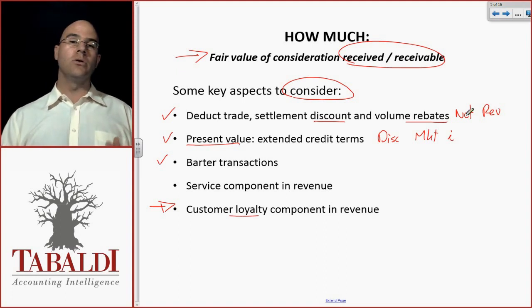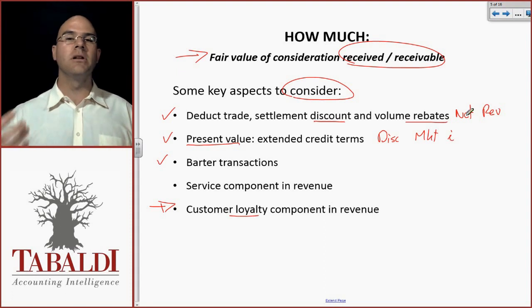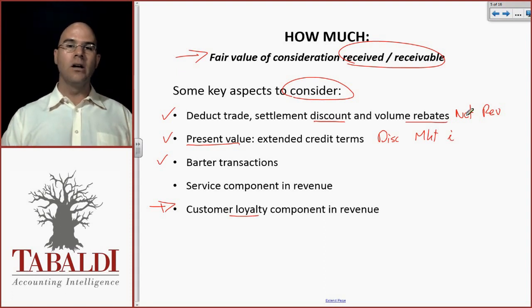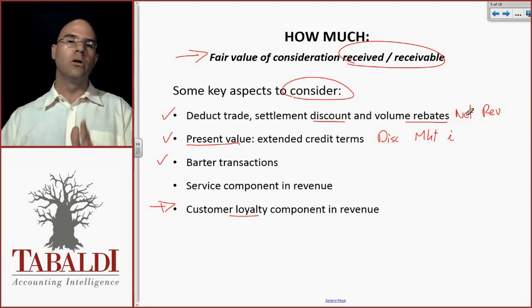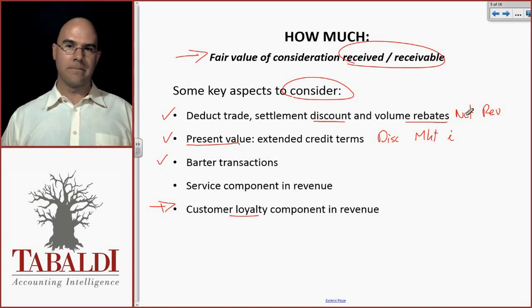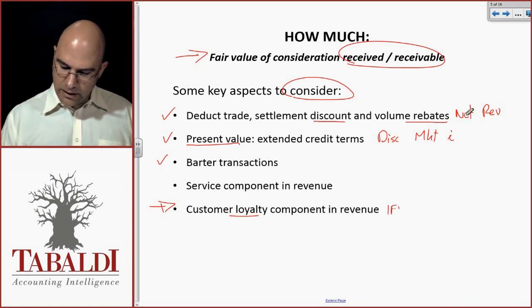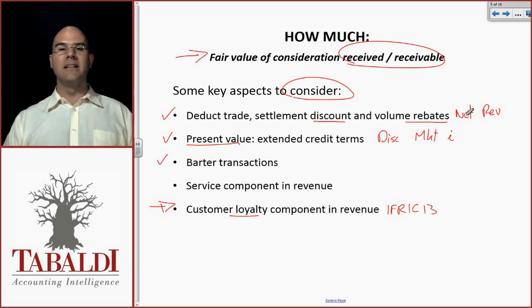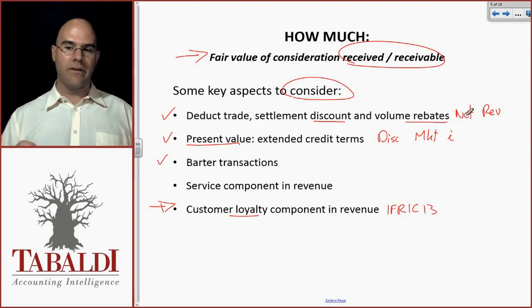So you go to your airline, you buy an air ticket. Generally, they will have some customer loyalty programs. So your air ticket will come with 1,000 loyalty air points, etc. All the companies call them different things. They might be Voyager miles, etc. That is dealt with in IFRS 13. A separate IFRIC deals with customer loyalty points and provides guidance thereon.